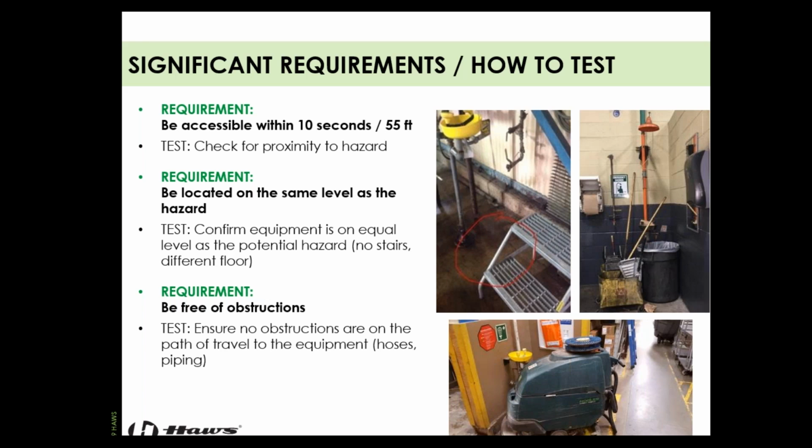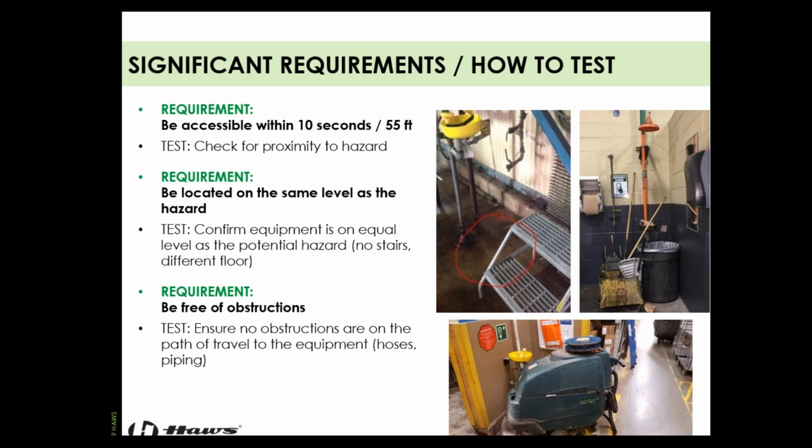The second is that it needs to be located on the same level as the hazard. So between the area of concern where potential exposure might happen and the emergency equipment, ensure there are no stairs, changes in floor, and things of that sort. And that goes for the next requirement too, that it be free of obstructions, and you check both of those the same way.